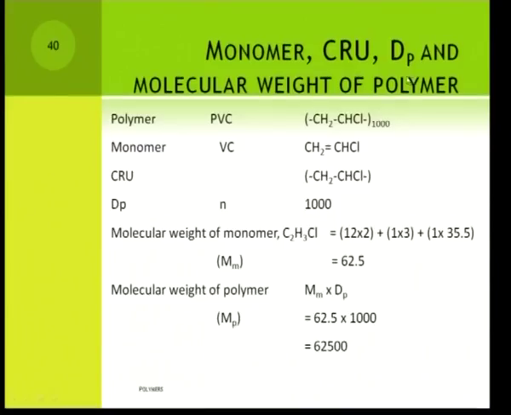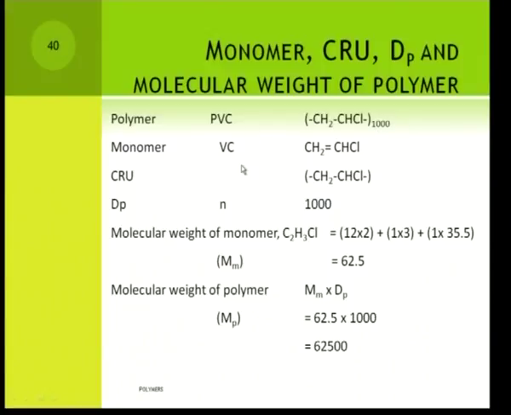Now, let us take a beautiful example here to identify the different units: your monomer, your constitutional repeat unit, degree of polymerization and the molecular weight of the polymer too. Let us take the example of polyvinyl chloride, PVC as it is shortly called. This is the basic polymer whose structure, let me write it as [CH2 CHCl] 1000 times.